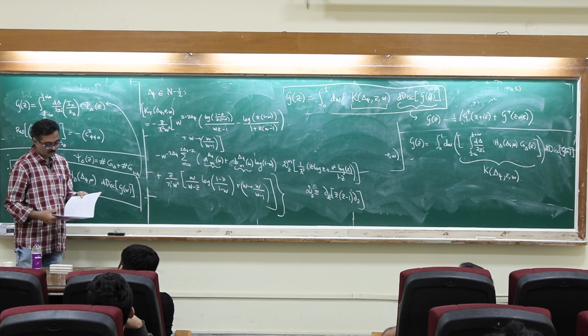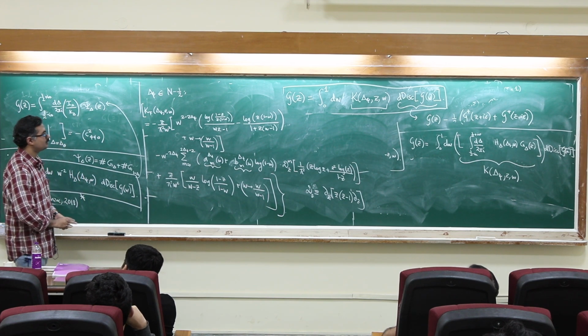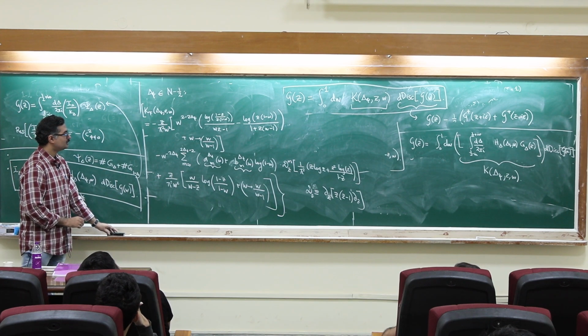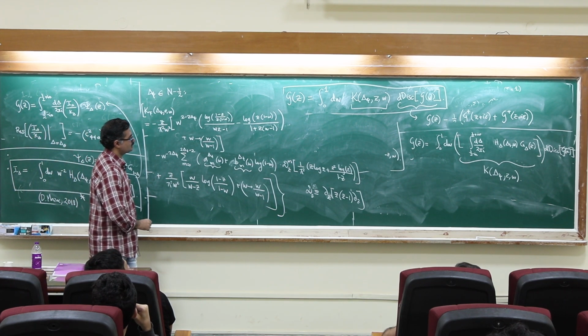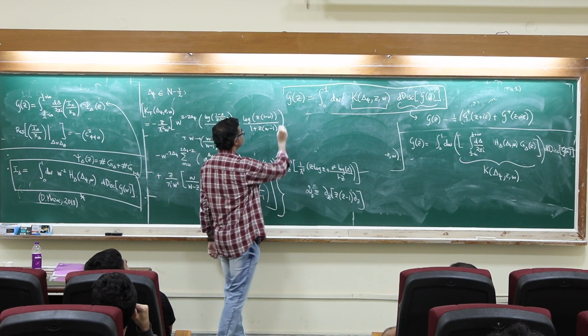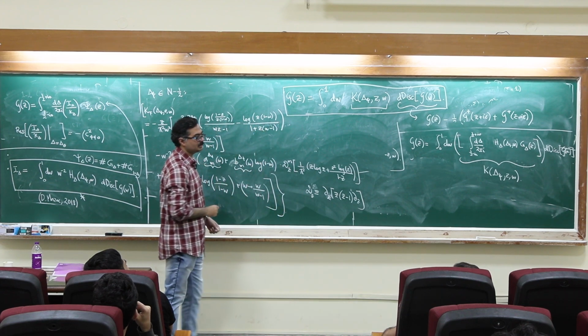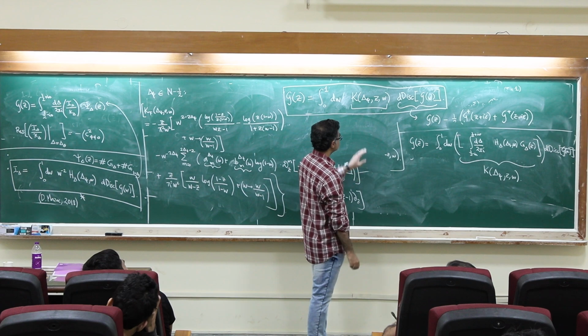Maybe I should end, but let me summarize. If you got lost in all the technical details, the takeaway message is that in one-dimensional conformal field theories, one can write down a crossing symmetric dispersion relation in terms of the double discontinuity, which looks like this.